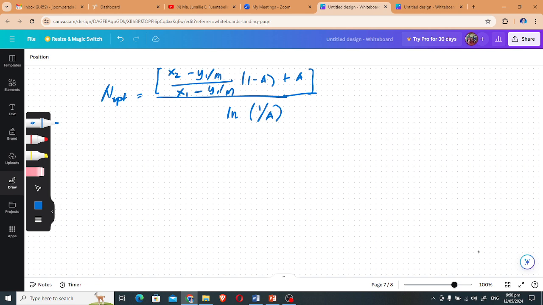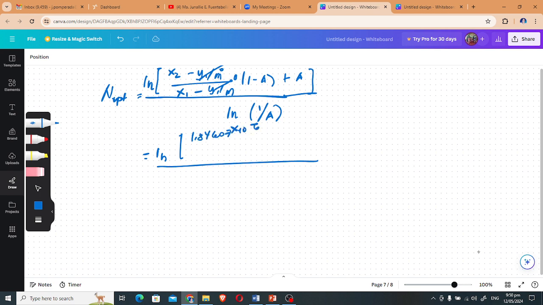So substituting everything, by the way, you have an ln here. Since y1 is 0 because we have pure air as our solvent, this is 0. So you'll have x2, the x2 that we have computed, 1.84607 times 10 raised to negative 6. We divide it by 9.238 times 10 raised to negative 8.